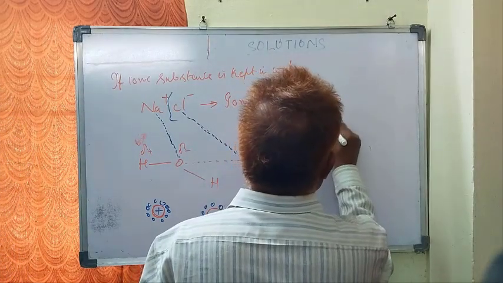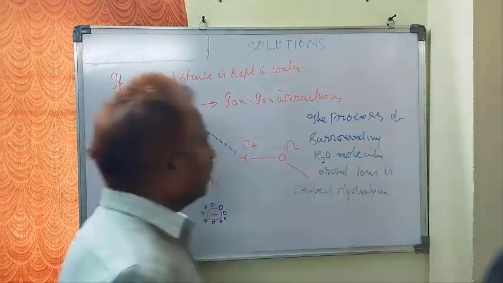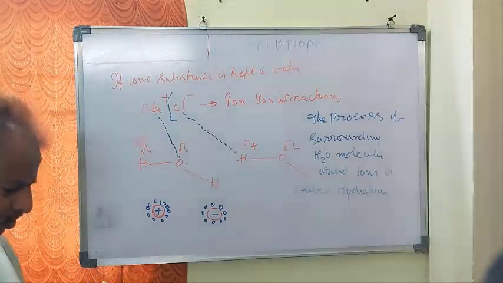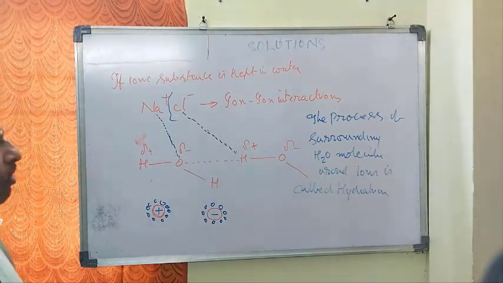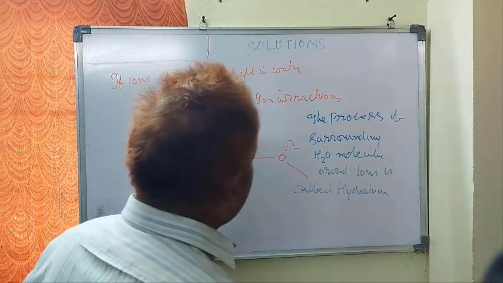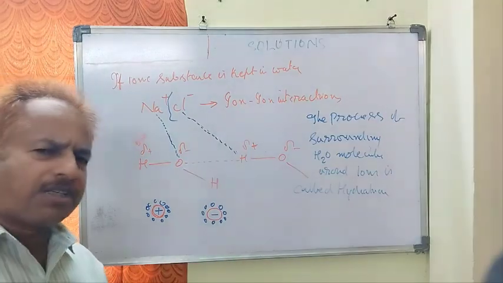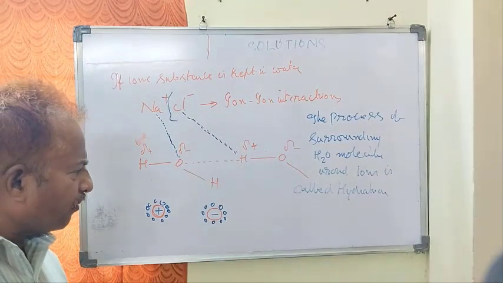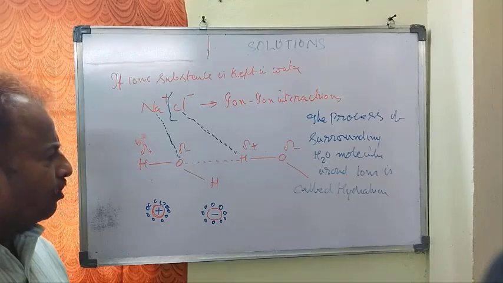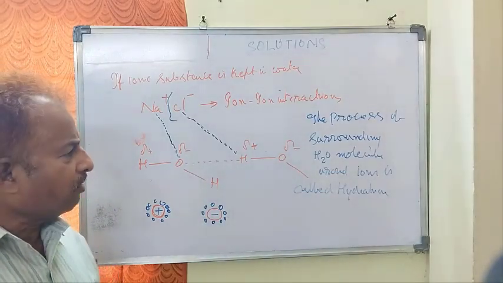The process of surrounding of water molecules around the oppositely charged ions is called hydration, and during hydration a certain amount of energy is released, which we call hydration energy. Hydration energy is defined as the amount of energy released during the hydration of 1 mole of ions.